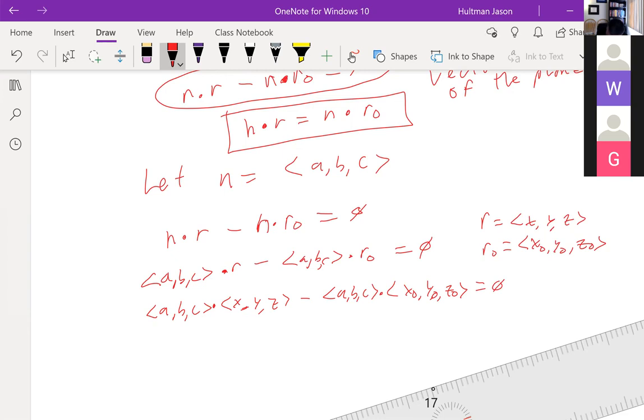Let's see what happens. Okay, so this is going to become AX plus BY plus CZ minus parentheses, AX naught plus BY naught plus CZ naught, is equal to 0.